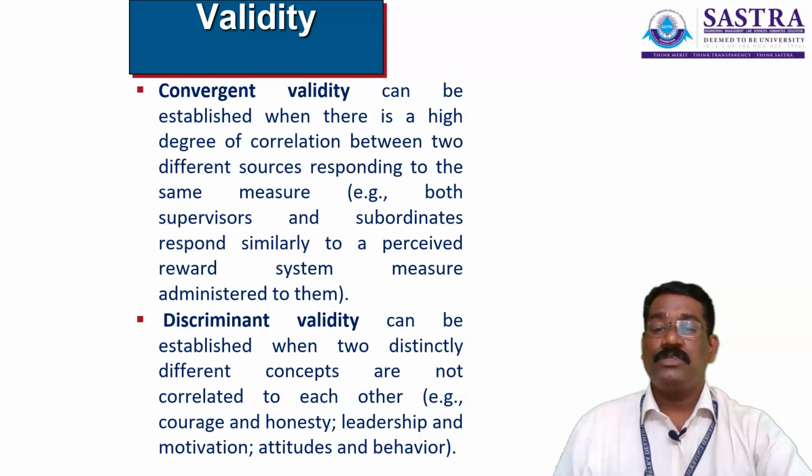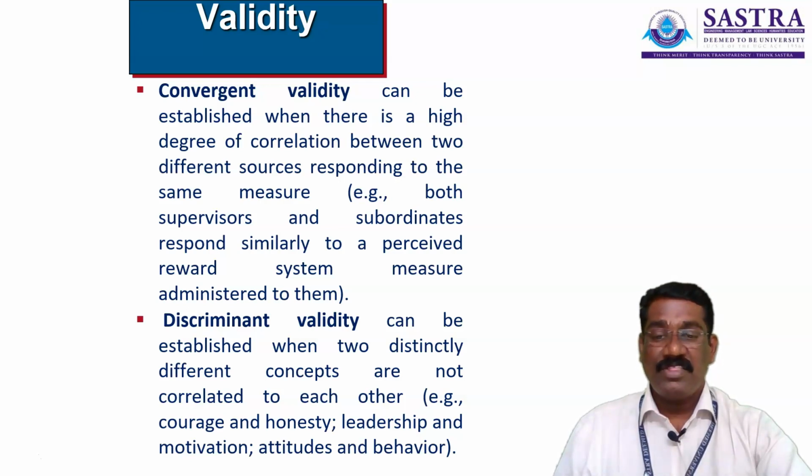The next one is discriminant validity, which can be established when two distinctly different concepts are not correlated to each other. Examples are courage and honesty, leadership and motivation, and attitudes and behavior. These are different concepts, and the variables pertaining to each concept have to repel.